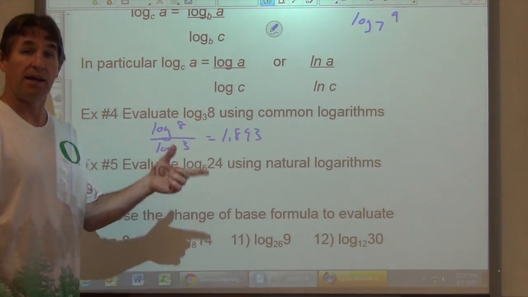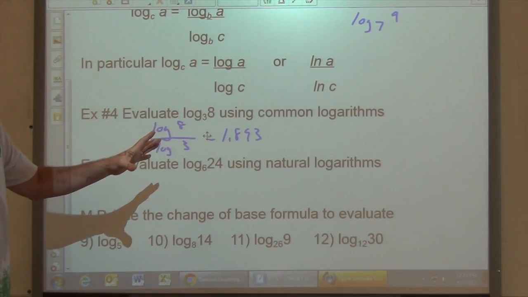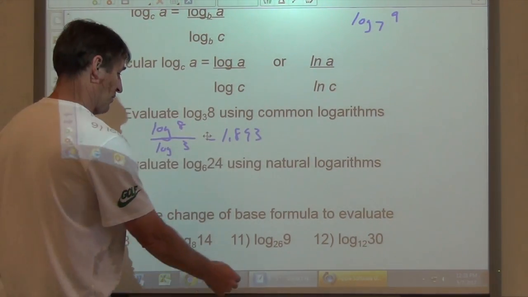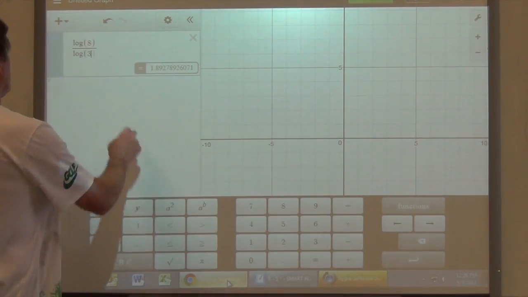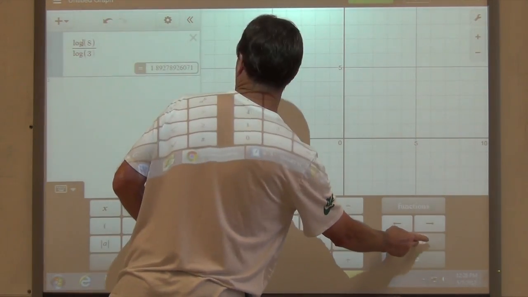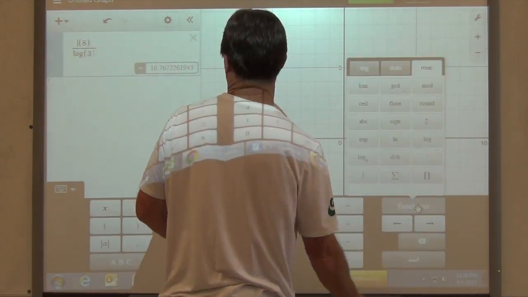Now here's the thing. If we wanted to, we could have done that with natural logs. So I'm going to use the same one and do it with natural logs. If we go back to the calculator, and instead of log, let's do ln.